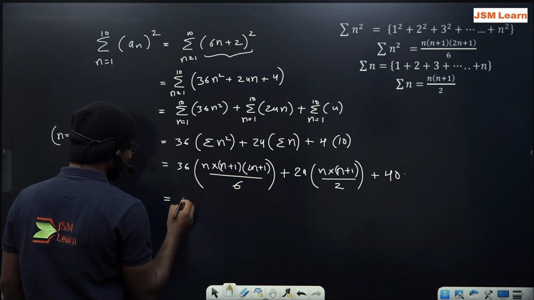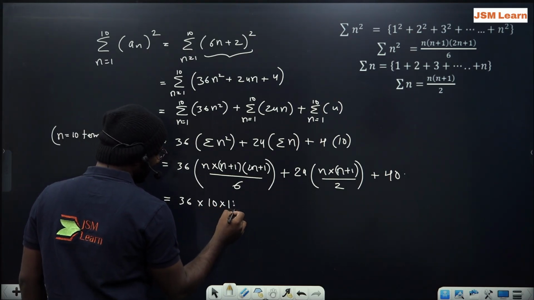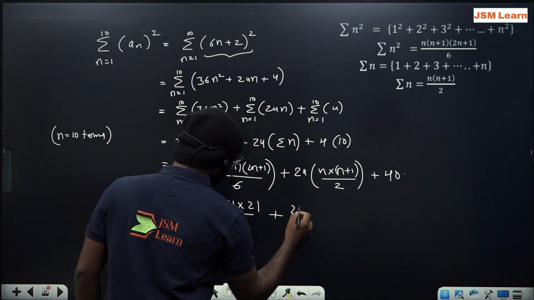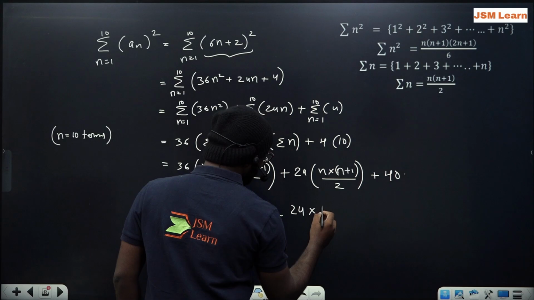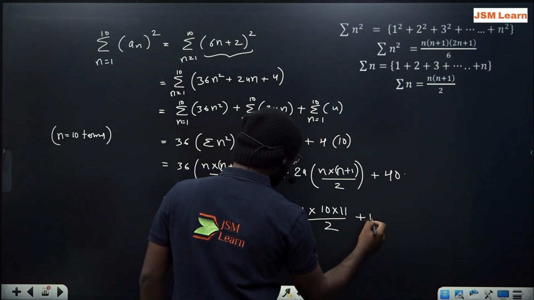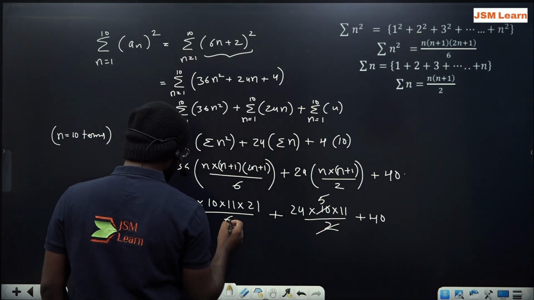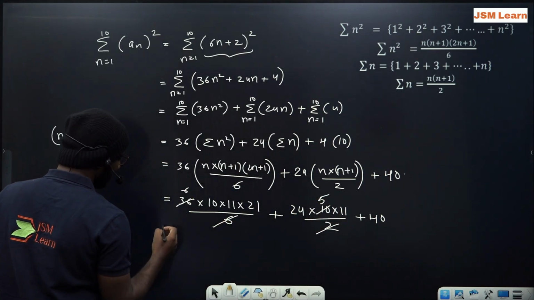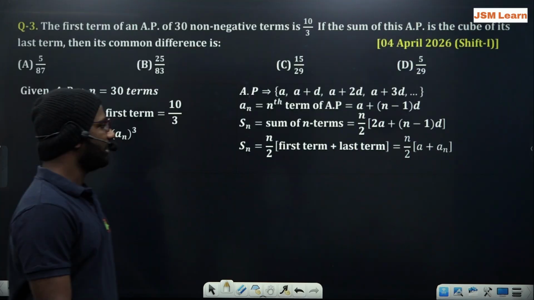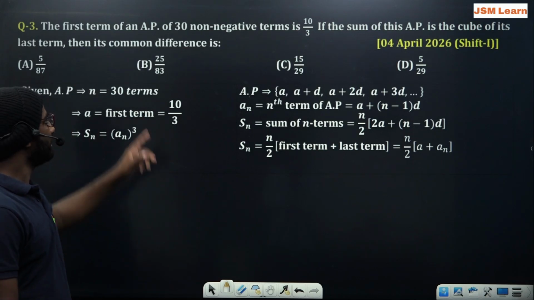So by substituting n equals 10, this will become 36 into 10 into 11 into 21 by 6 plus 24 times 10 into 11 by 2 plus 40. On solving this, we will get 15220.